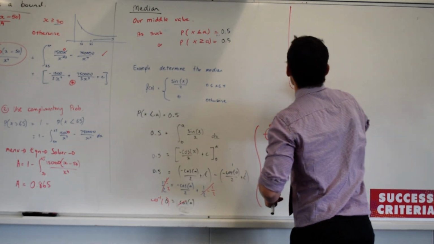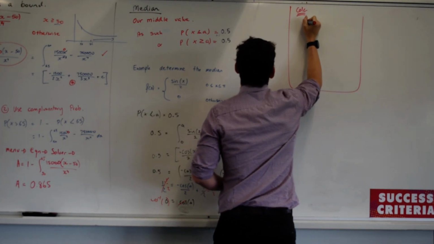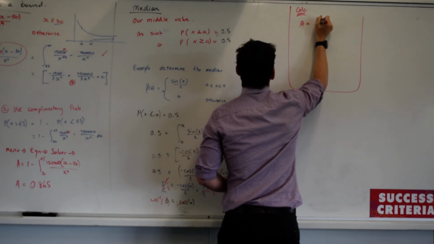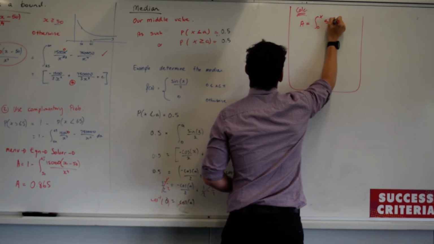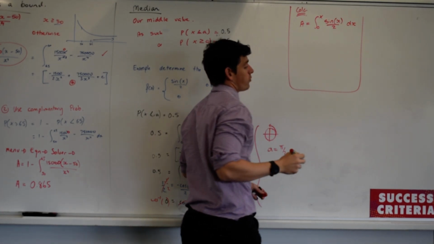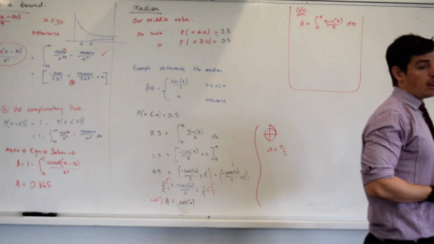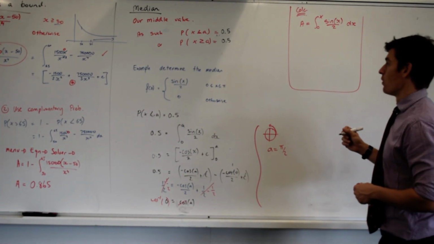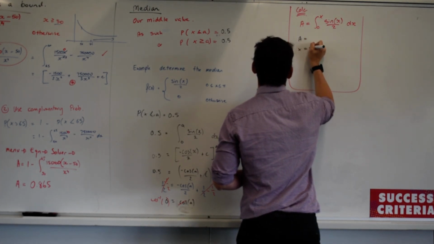We need to have A is equal to the integral from 0 to x of sin x on 2. Now I need to make sure that my calculator is in the right mode, in radians. Now below that, you'll have your lower and your upper, I don't care about that. You'll have A equals and x equals.